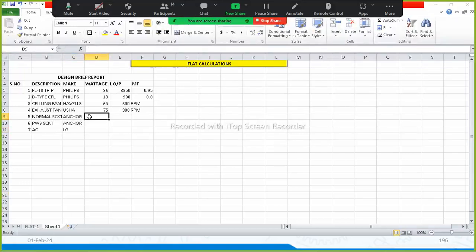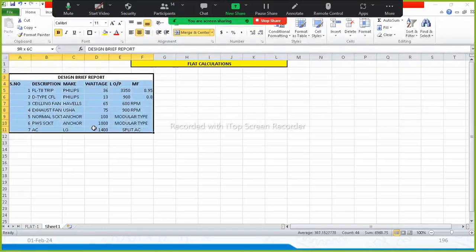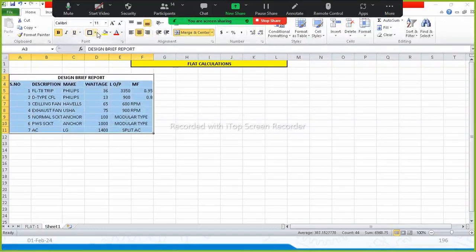Here the normal socket wattage is 100, power socket wattage is 1000, and 1 ton AC is 1400. The sockets are modular type, and here it's a split AC. So I just put these technical parameters which are required.